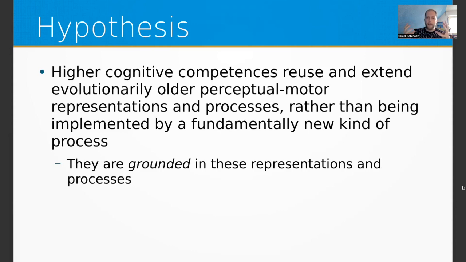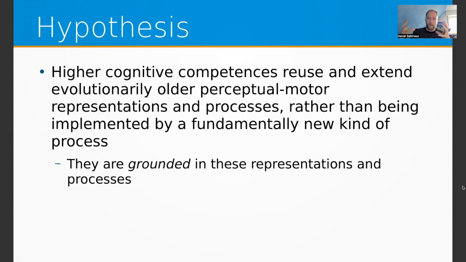The idea is that the evolutionarily older neural hardware of the brain, which gives rise to more primitive cognitive competences, like the kinds of behavior you would see in monkeys, is already in place, and evolution then builds on that to achieve the higher cognitive competences.